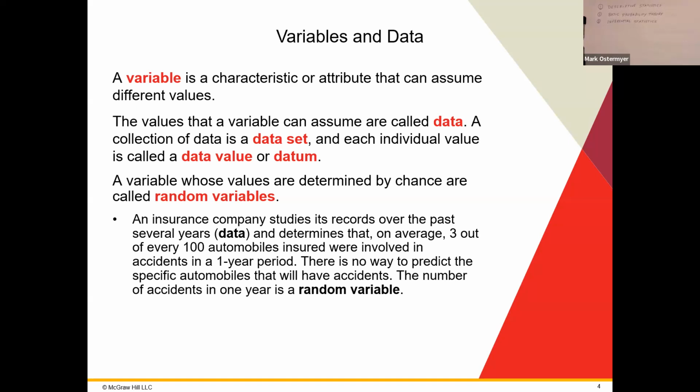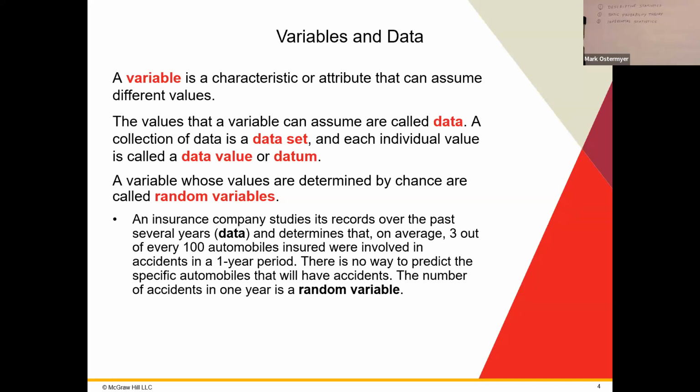So this course is a lot different than a course in algebra. We're not going to be working intensely with polynomials and solving equations, et cetera. But from time to time, we may encounter a variable or two. So the values that the variable can be assigned are called data points or data. And the collection of data constitutes what's called a data set.